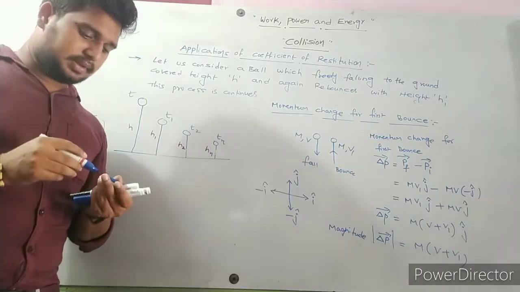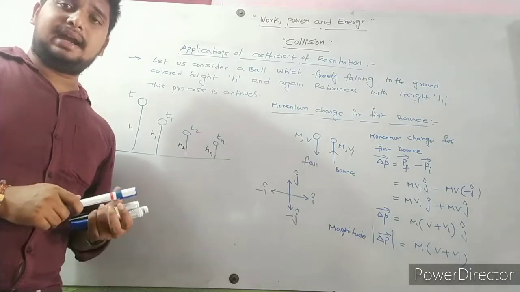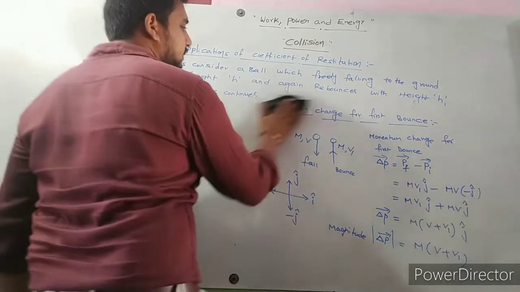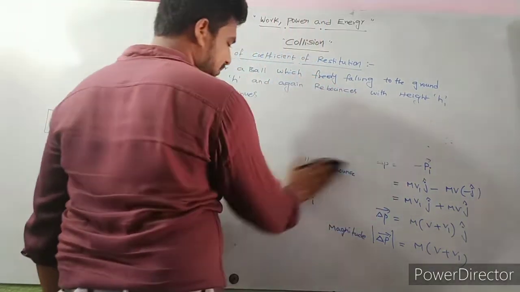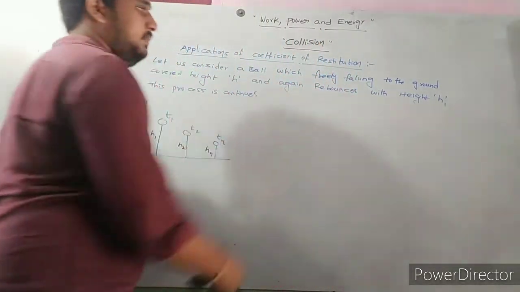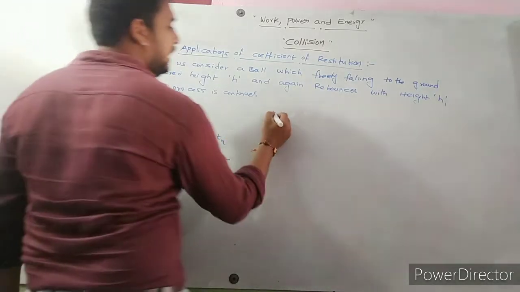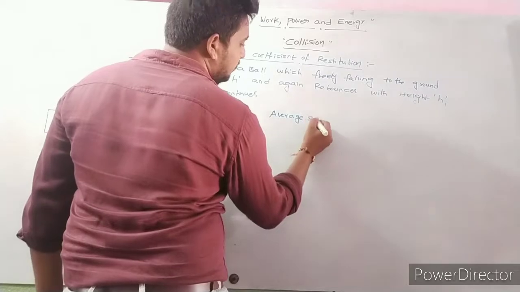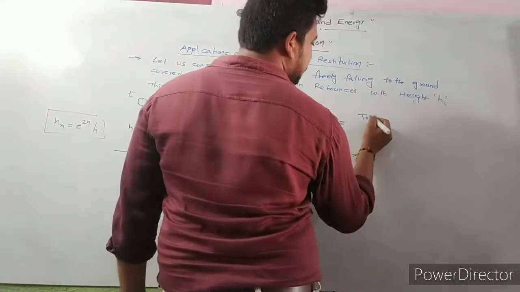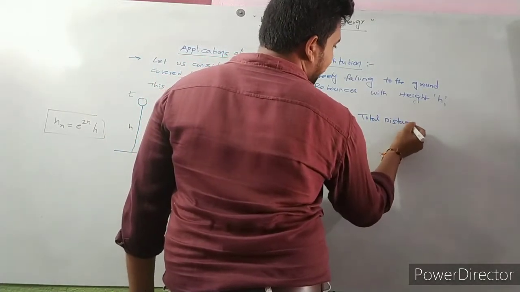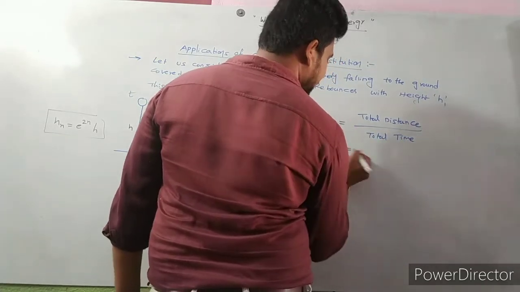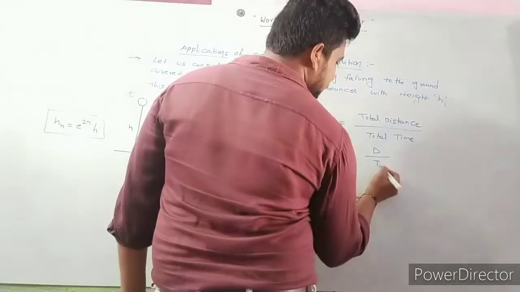So next, average speed and average velocity. This is very important. Like this we need to find the momentum change here. Average speed in this process is equal to total distance by total time. Total distance is d and total time is t.